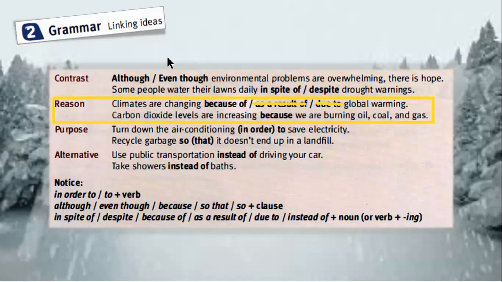Climates are changing because of global warming. Carbon dioxide levels are increasing because we are burning oil, coal, and gas. Now, we're going to use a different expression.